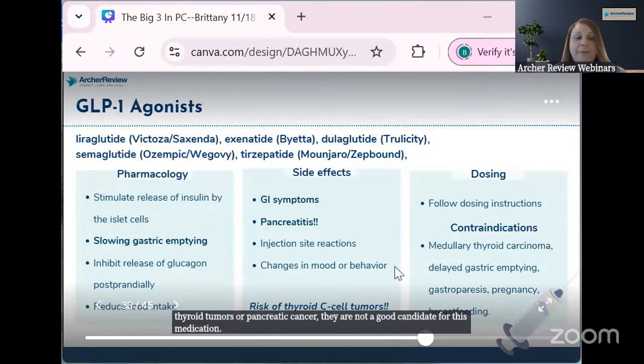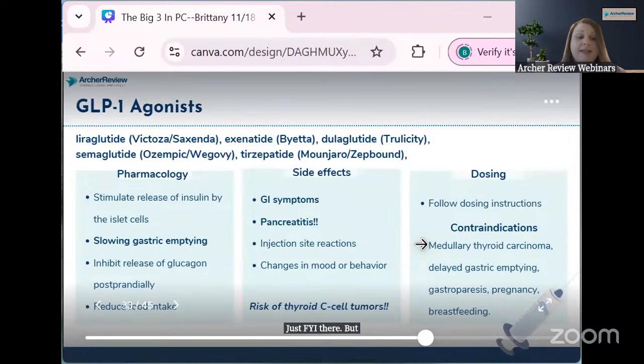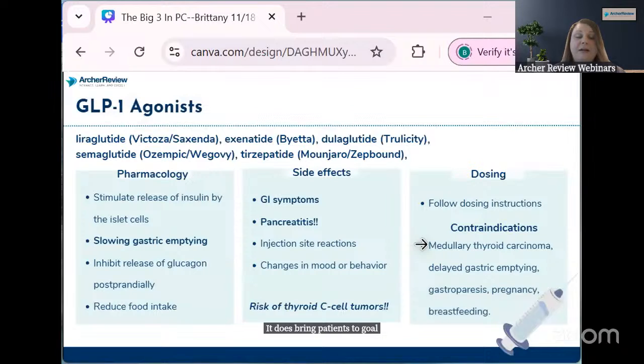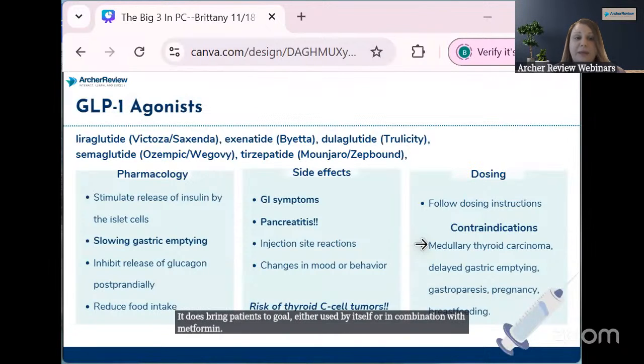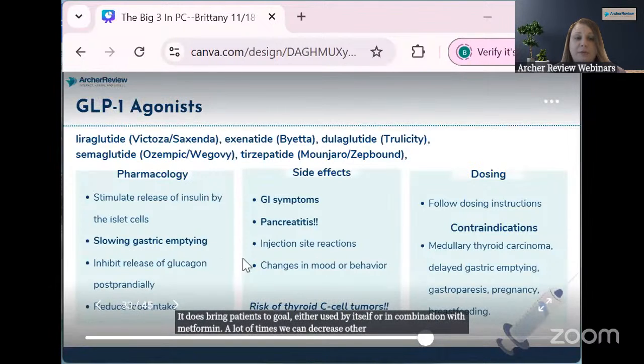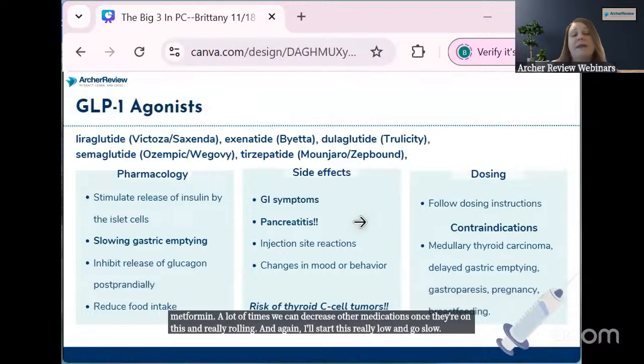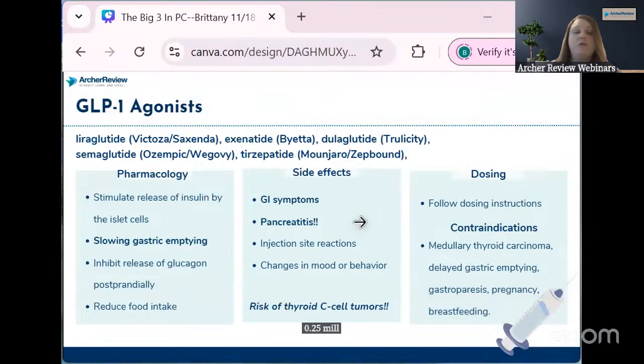Just FYI there. But overall, this is a good drug class. It does bring patients to goal, either used by itself or in combination with metformin. A lot of times we can decrease other medications once they're on this and really rolling. And I'll start this really low and go slow. So like 0.25 milligrams of Wegovy for the first month, bring them back, do a weigh-in.